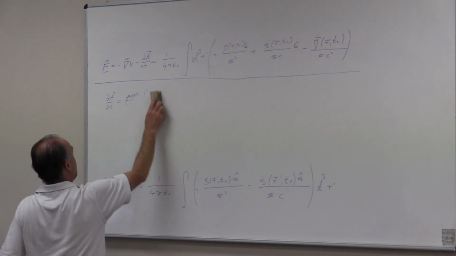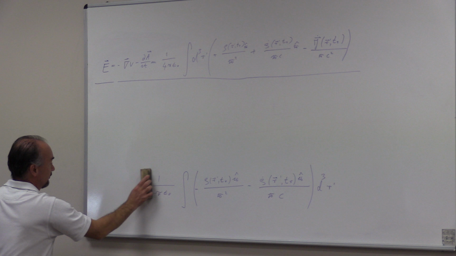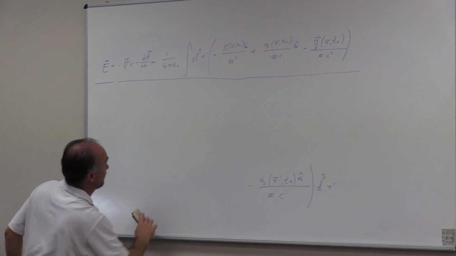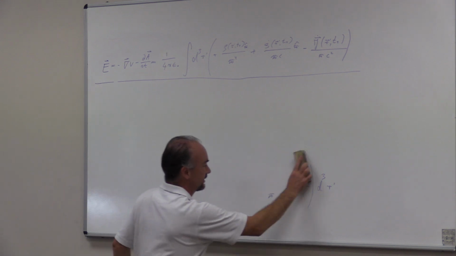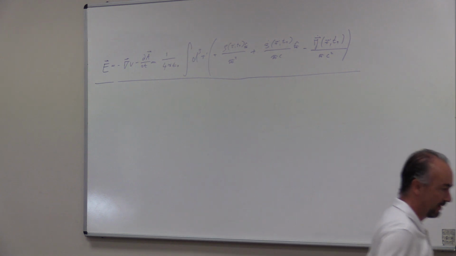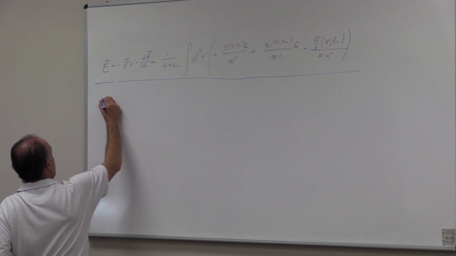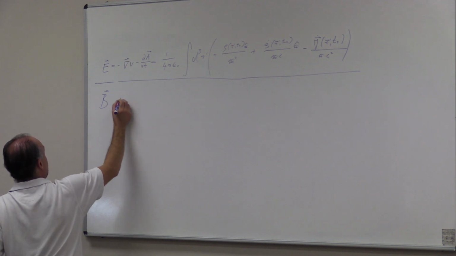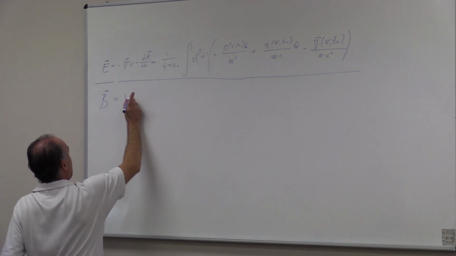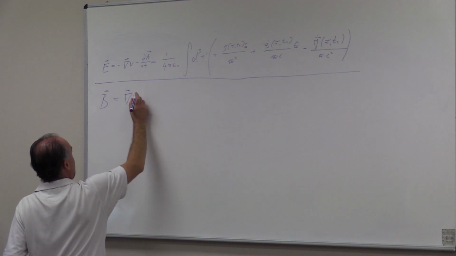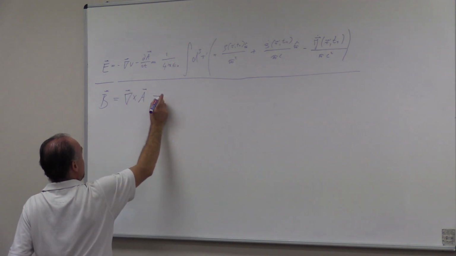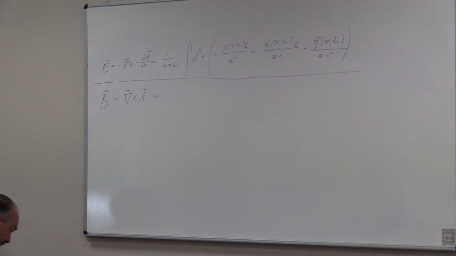And wondering about the magnetic field, that may take a few minutes. That goes into coffee break time. Maybe just to say the equations that we're getting here for E and B, which we will calculate after the coffee break, curl of A equals, so we will do that in a minute.